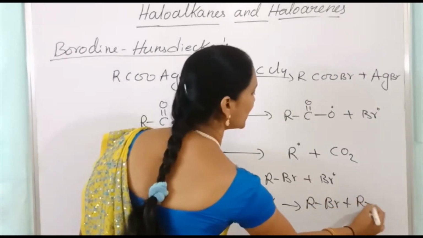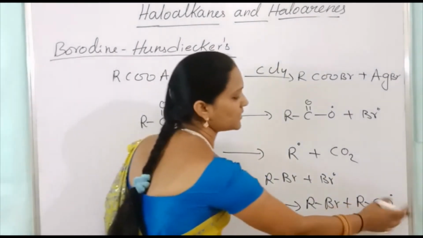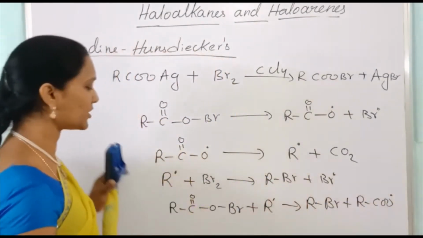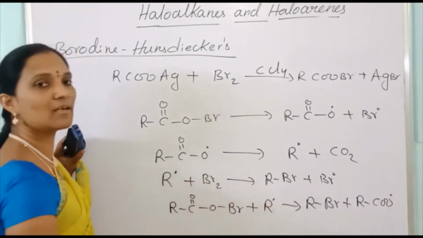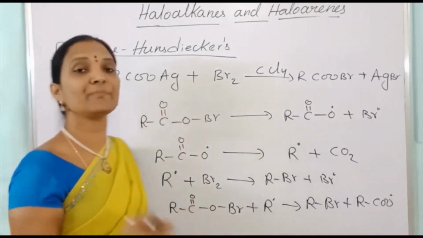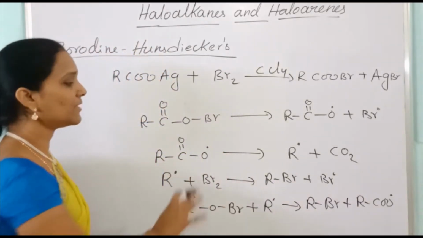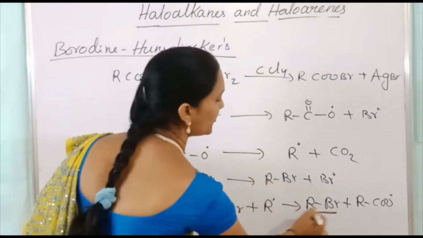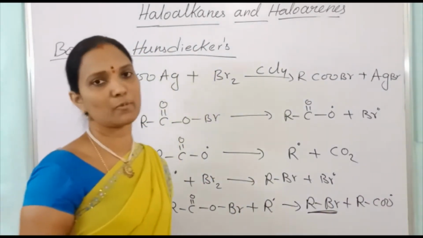Again here we also get one RCOO free radical, then CO2 elimination and R free radical formation. That free radical combines like this to give RBr. So the mechanism is a free radical mechanism. This is the product obtained, alkyl bromide, with the best yield.